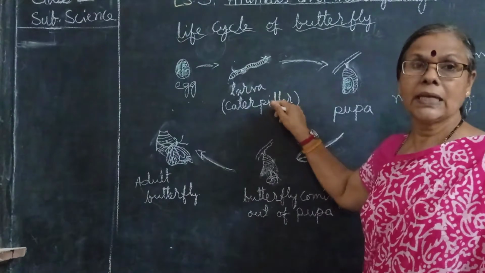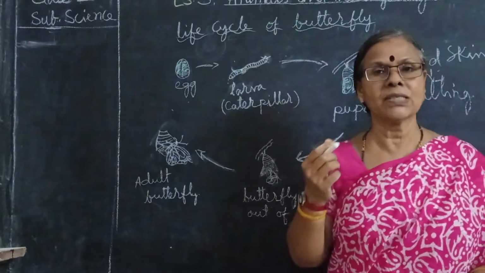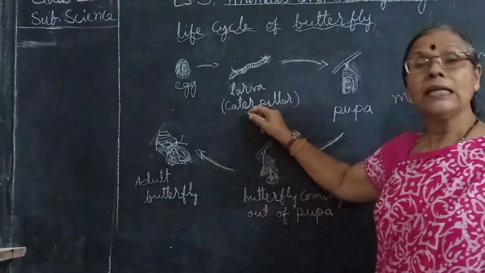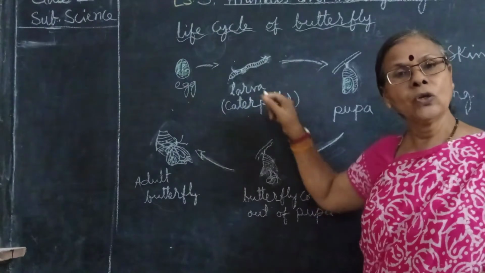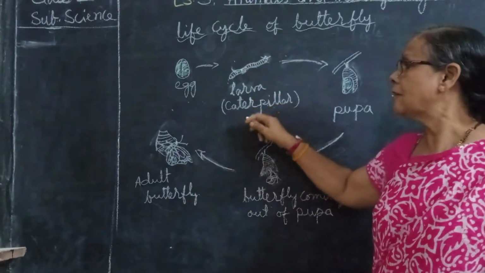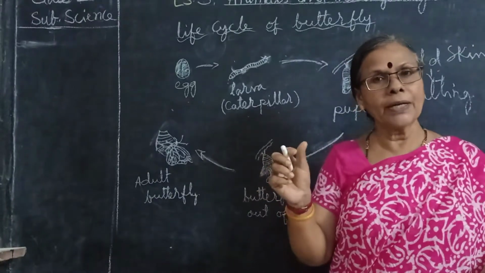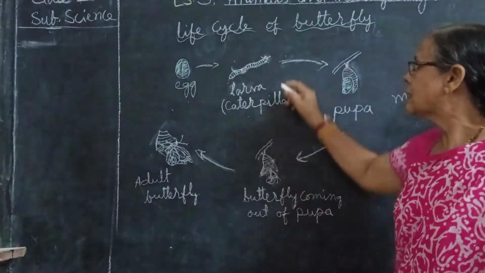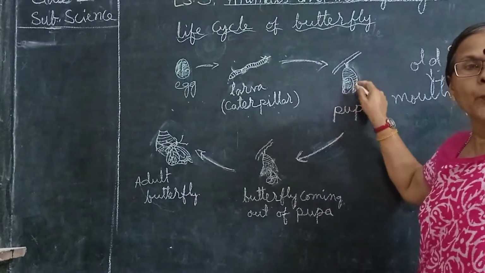Caterpillars, what happens? They eat leaves and start growing. As they develop, it builds a covering around its body. The second stage, and the third stage is called the pupa.